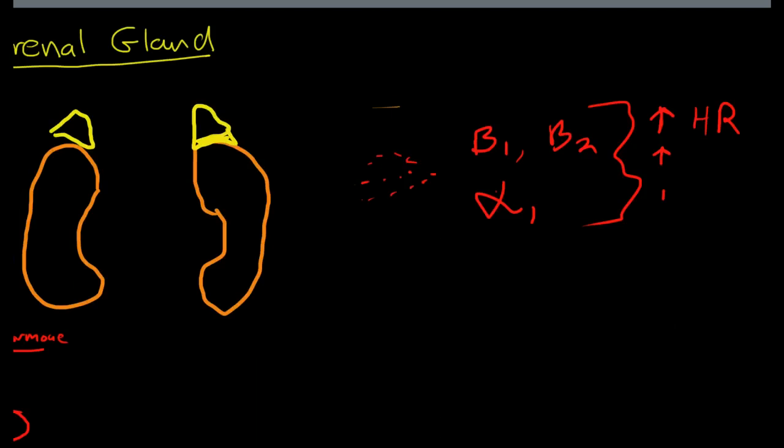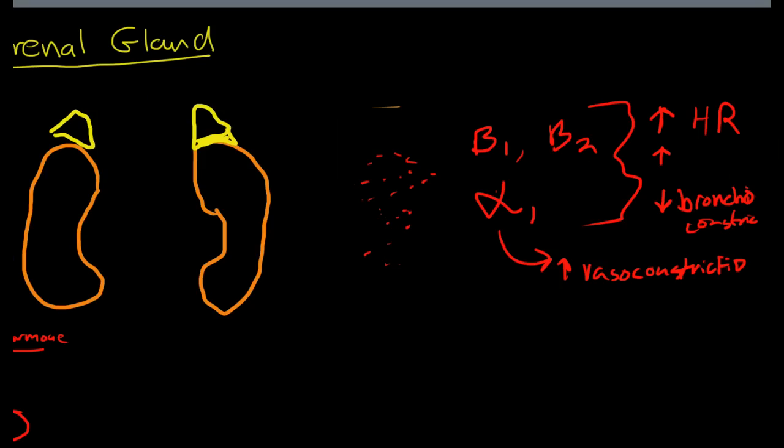You have decreased bronchial constriction, and you have increased vasomotor tone or increased vasoconstriction. And those effects occur by norepinephrine reaching those receptors via the bloodstream. Okay.